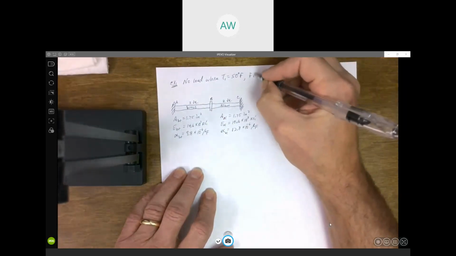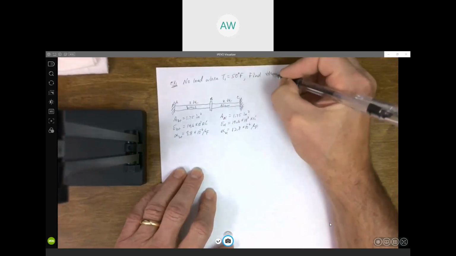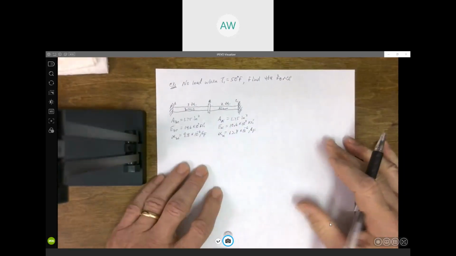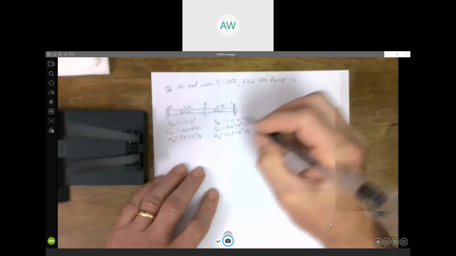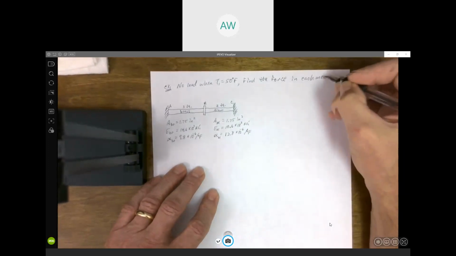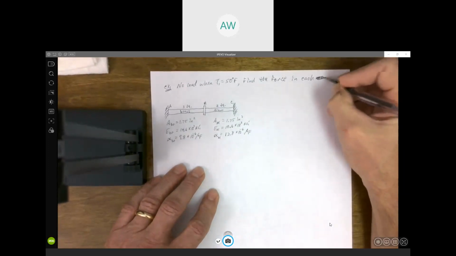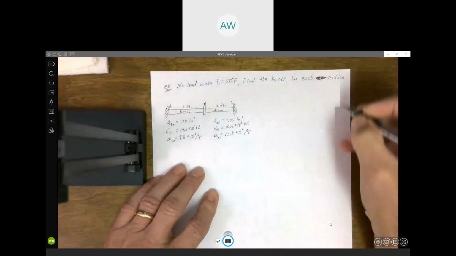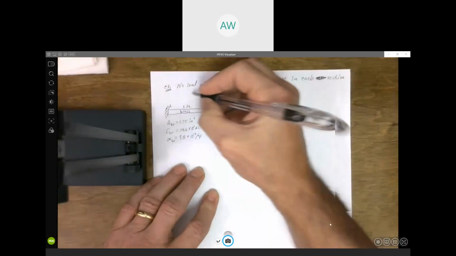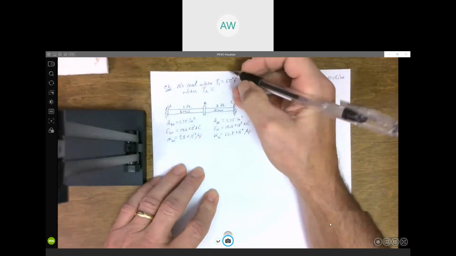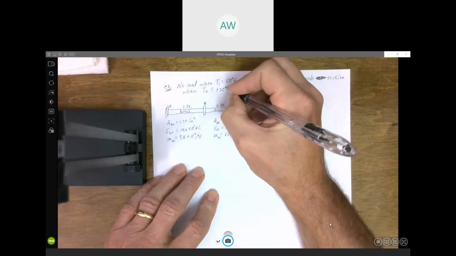And we want to find the force in each, let's say, section, when T2 is 120 degrees Fahrenheit.